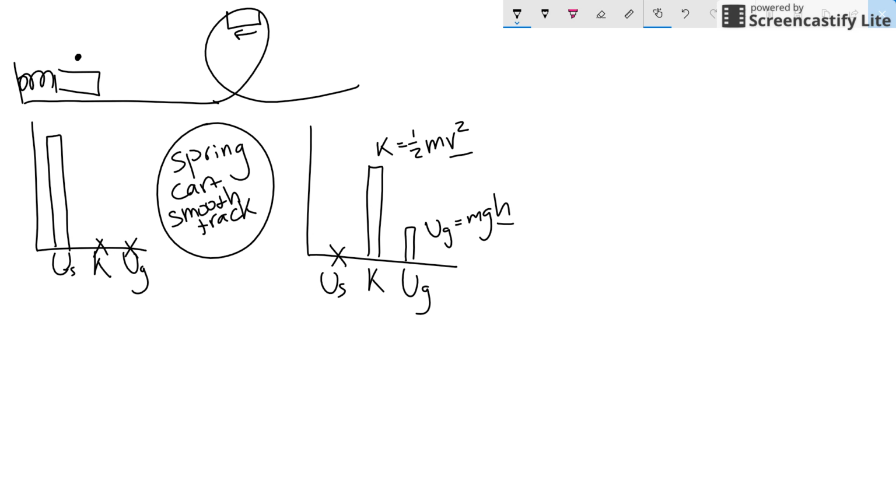So let's set up our qualitative energy equation. So I'm going to say US is equal to K plus UG. All I've done is I've set my forms of energy in the initial snapshot and set them equal to the forms of energy in my second snapshot. Now we're going to make our quantitative equation. So this one was qualitative.